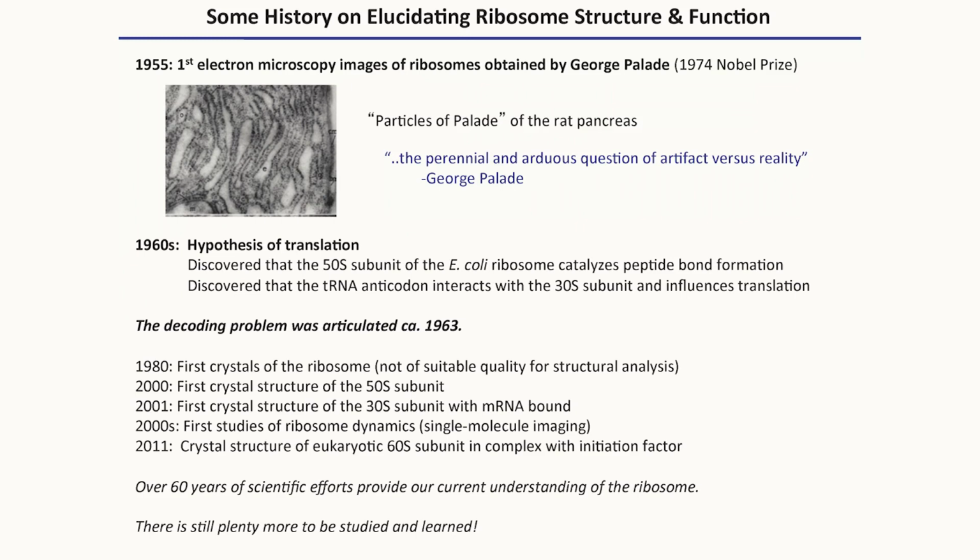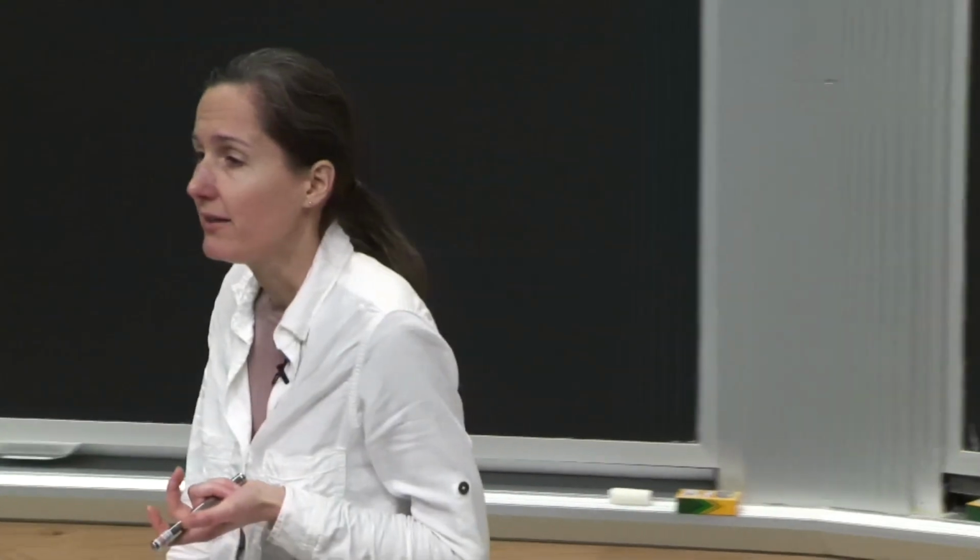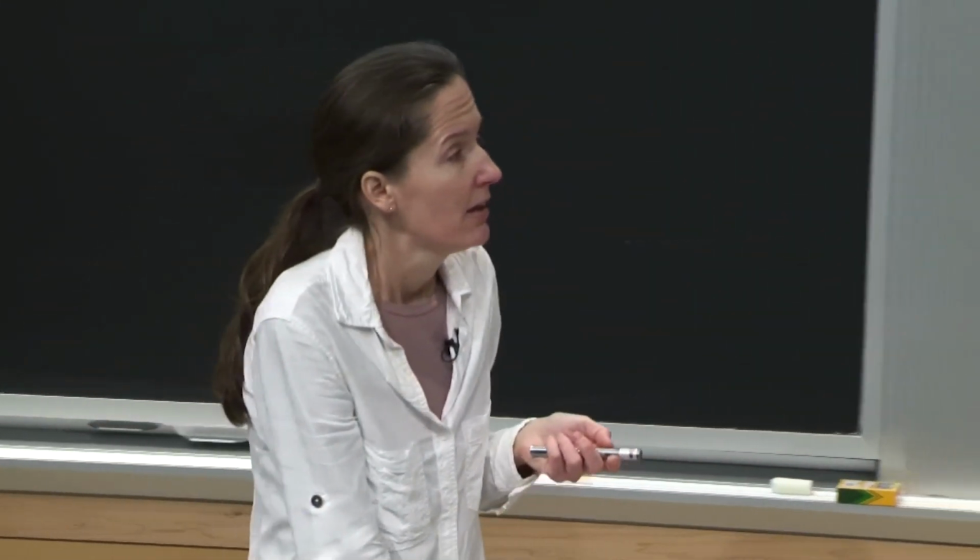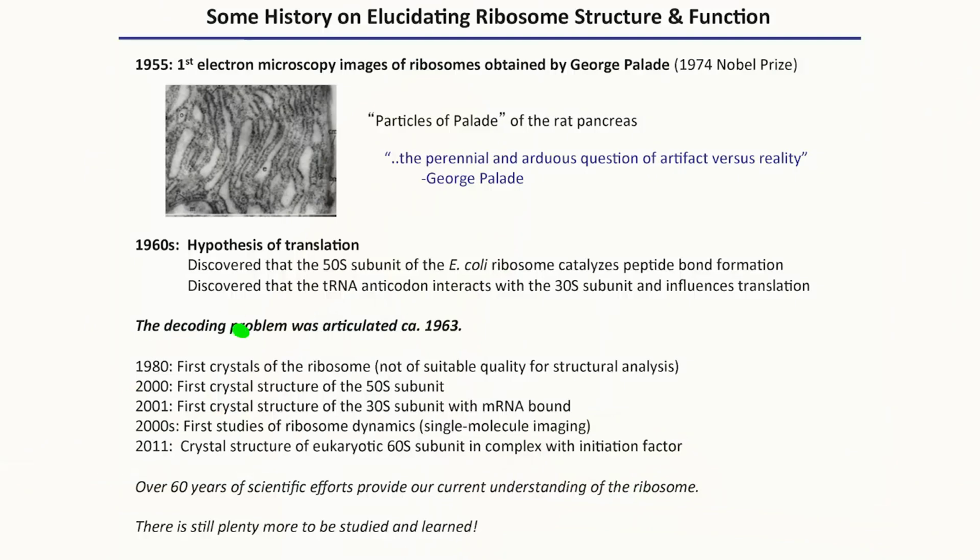So in 1980, first crystals of the ribosome were obtained, but these crystals weren't of suitable quality for analysis. If we look at 20 years later, in 2000, the first crystal structure of the 50S subunit was reported. And since then, there's been a flurry of activity. So in 2001, first crystal structure of the 30S subunit with mRNA bound.